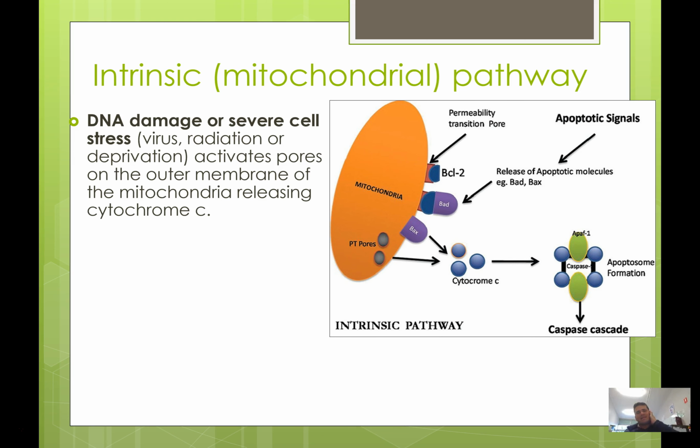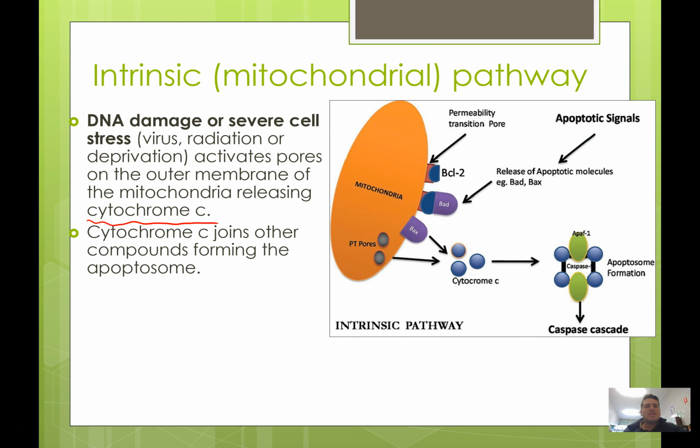Because the cell might have some really irreparable DNA damage or some kind of stressor, for example, a virus, radiation, or it's been deprived of glucose, pores on the outer membrane of the mitochondria, remember the mitochondria has two membranes, open up and start releasing what we call cytochrome C. This cytochrome C is going to join up with other different caspase compounds.